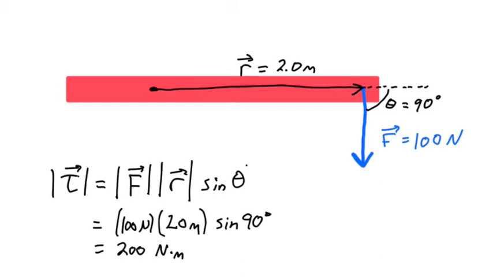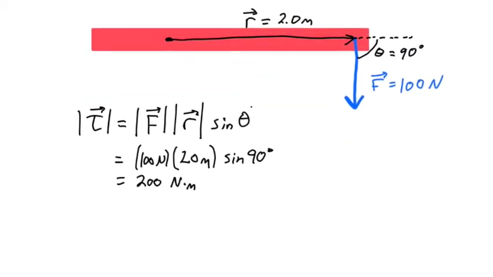Now we'll see a little later on why those units end up being the same. It's not that torque is an energy form or anything like that, but it does have to do with how the energy is changed for rotating objects. So we'll come back to that one later on. For now, just know that we need to use 200 newton meters for that.